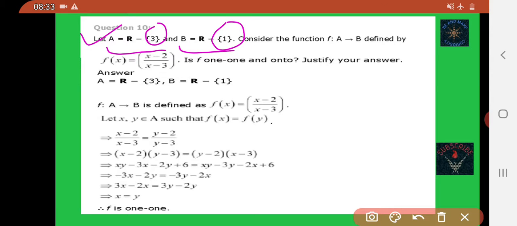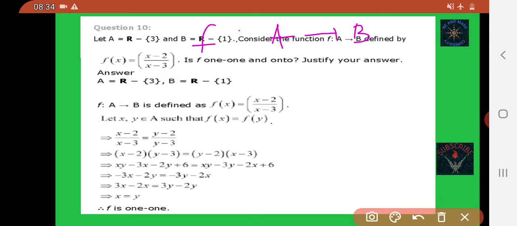It contains only one element, that is 1. And the function is a mapping from A to B and defined by this. So, f of x is equal to (x minus 2) divided by (x minus 3).